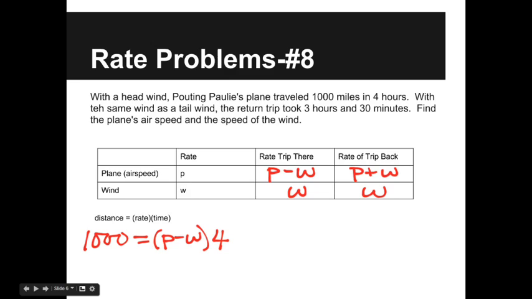All right. The rate on the return trip, I go 1,000. What's my rate? P plus W. And how long does it take? I would not say 3.3. 3.5. 30 minutes is half of... Yes.